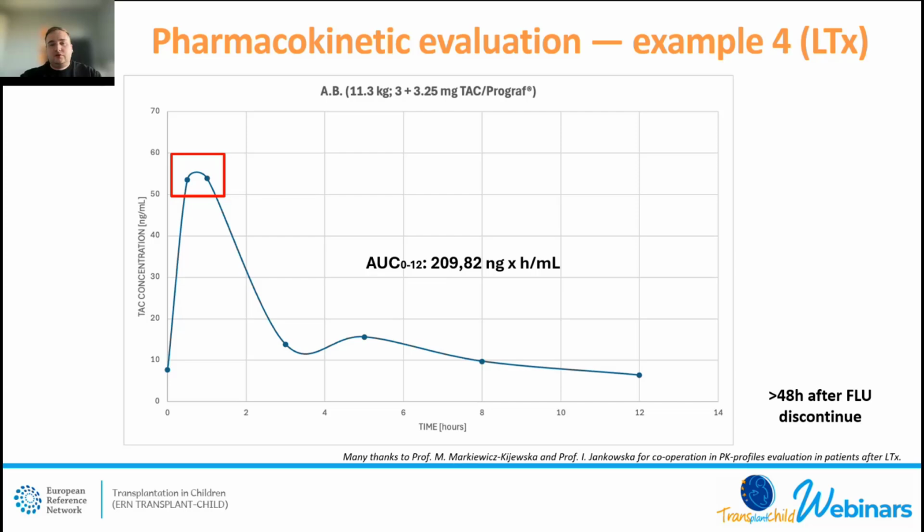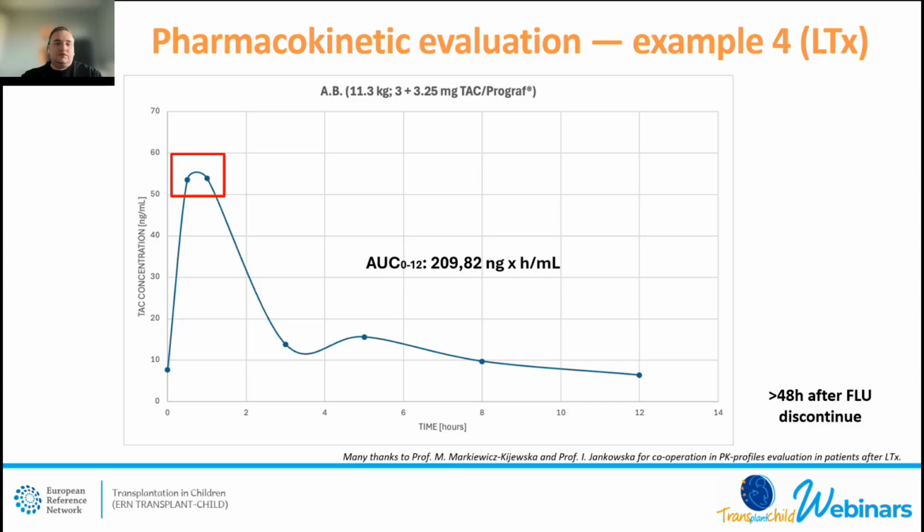I would like to show one profile from a pediatric liver transplant recipient. The VAMS technique can help us to identify the patients with critical toxic concentrations. And this is an example of a patient with an extremely toxic concentration.